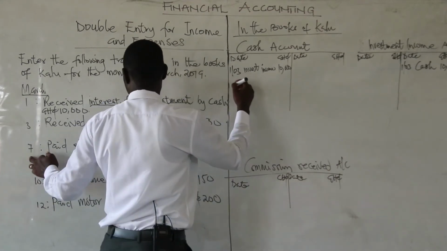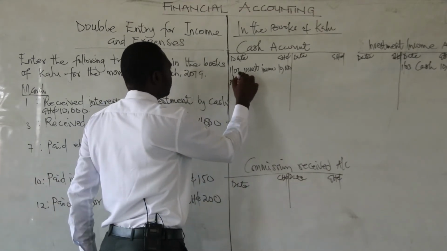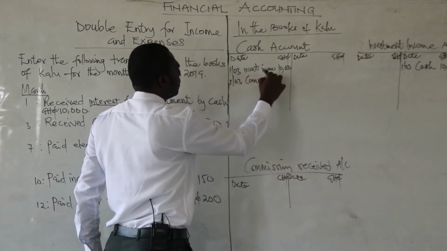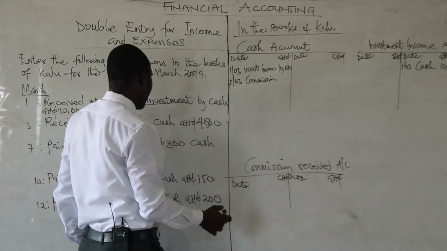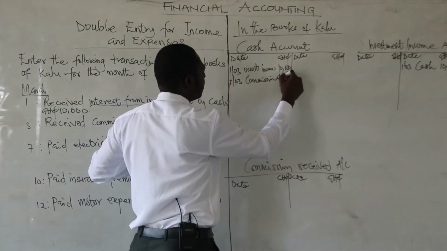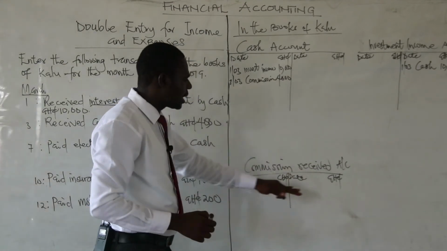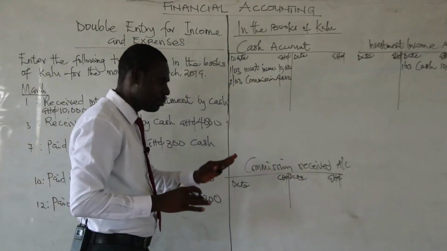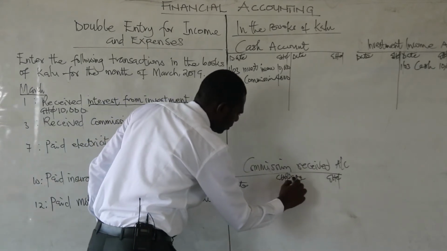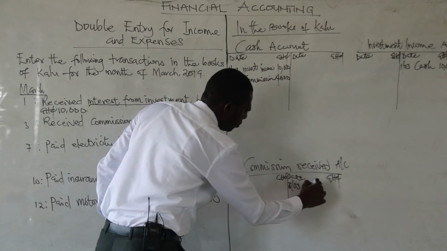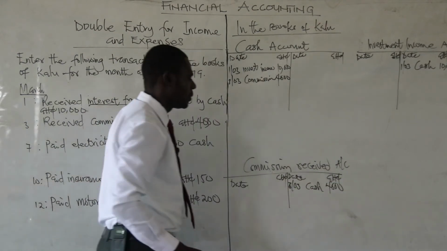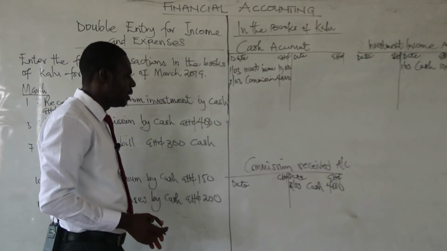The date is 3rd. It's from commission received. The amount involved is 4,000. And we write that. Then we come to commission received. It is income account. We credit it. Okay, so this is how we go about it.